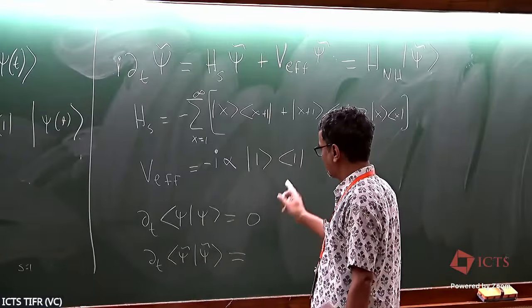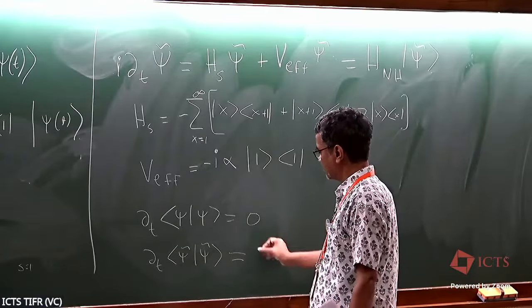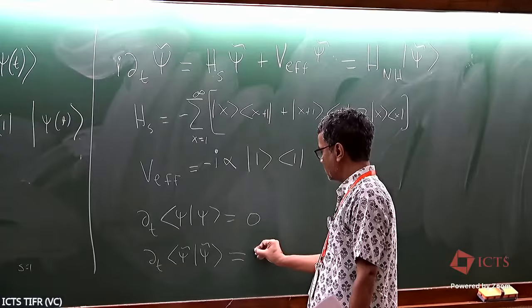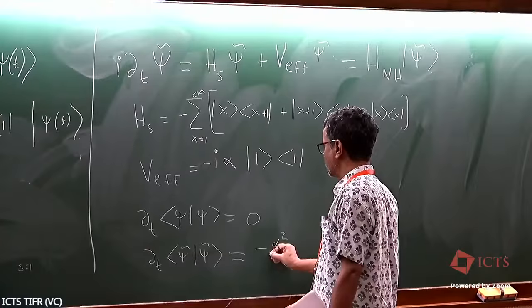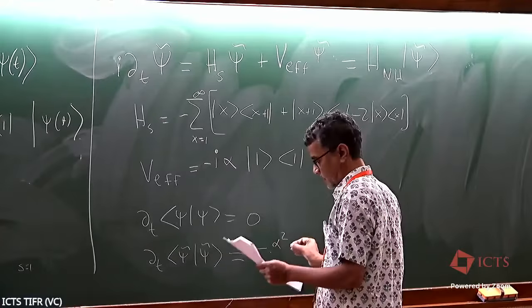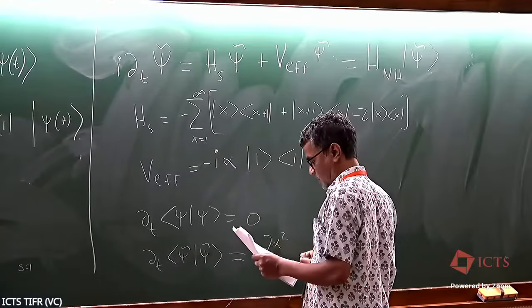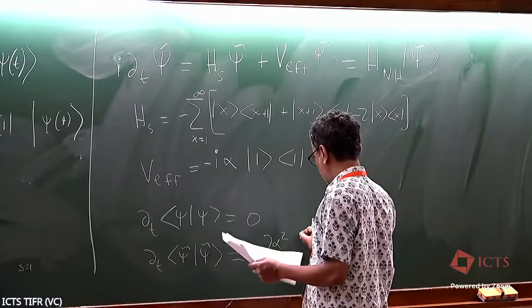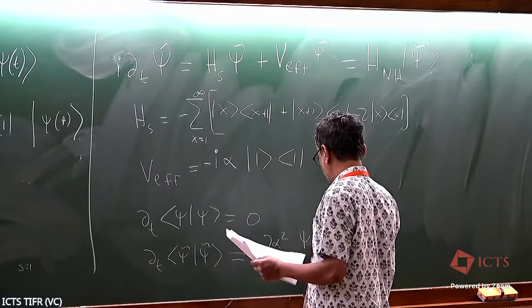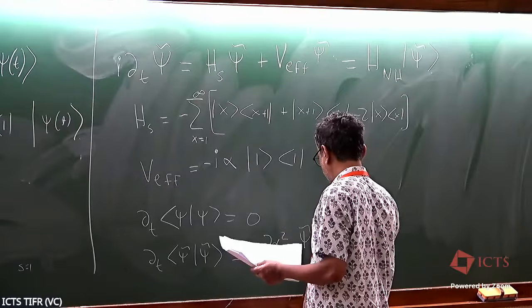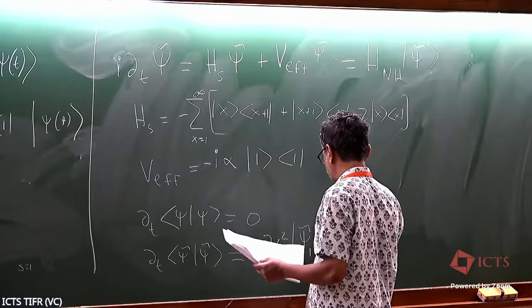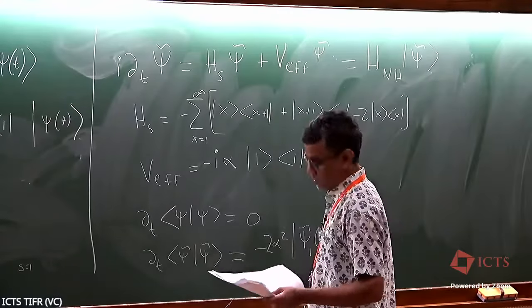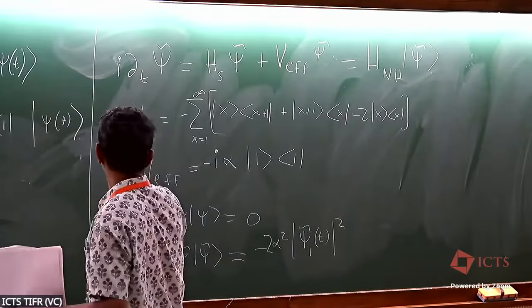You can work it out, and what we'll find is that this decays, and the decay rate is 2 alpha square. Okay, so this is the decay rate.